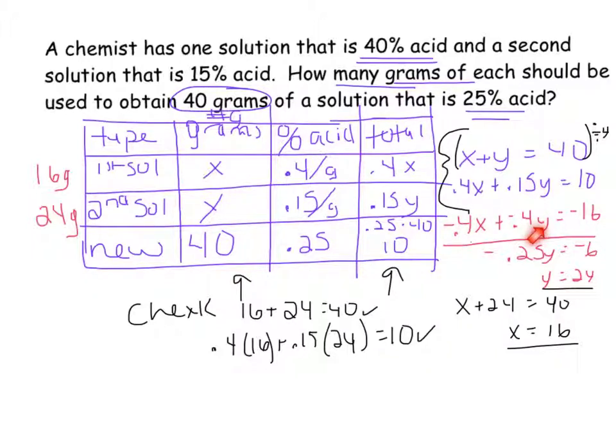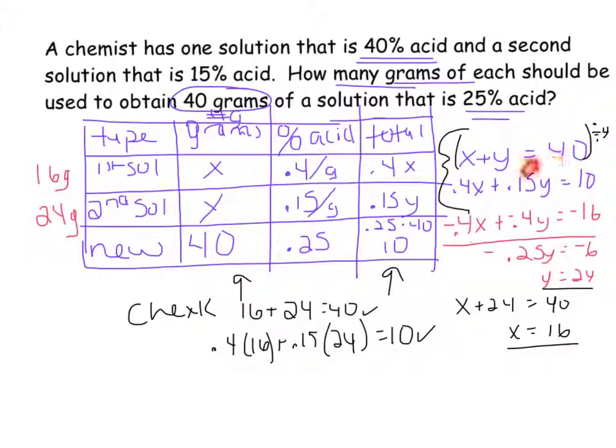And then I did my combination, so I added them up. The x's canceled out. When I added my y's, I came up with negative 0.25y, and then negative 6. So y is 24 once I divided both sides by negative 0.25. I plugged it back in up here to get x is 16. I then did my check step.